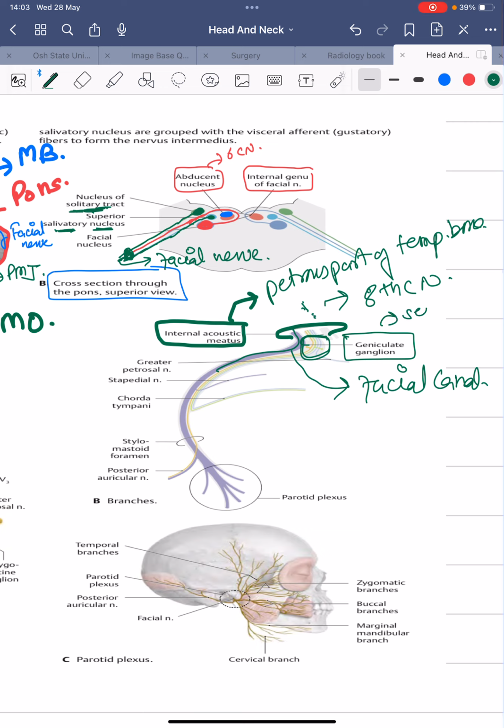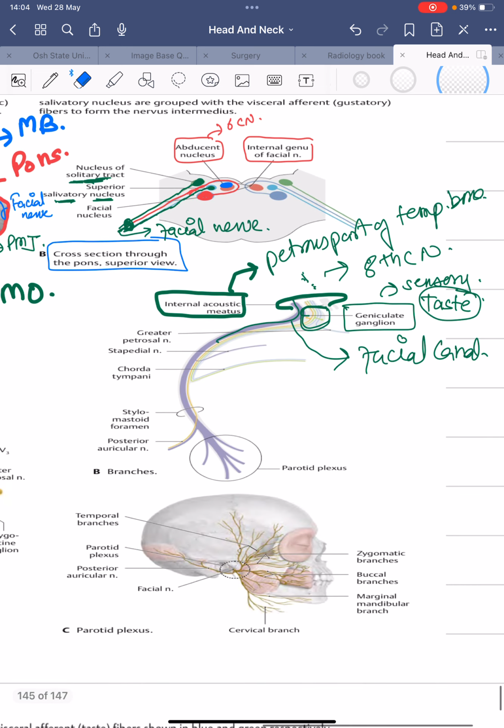This is a sensory geniculate ganglion which will receive the fibers of taste from the tongue and from the palate also. Now please remember this very important point.